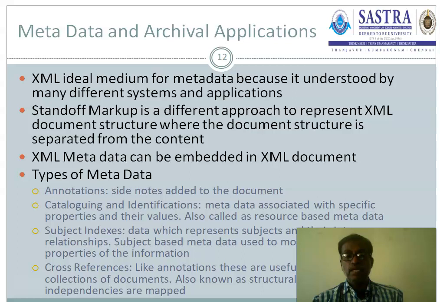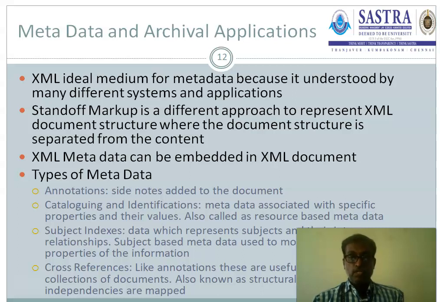Types of metadata. What are the types of metadata available? Annotations, cataloging and identification related information, subject indexes, and cross references. Annotation is nothing but notes, like slide notes which will be added to the document.